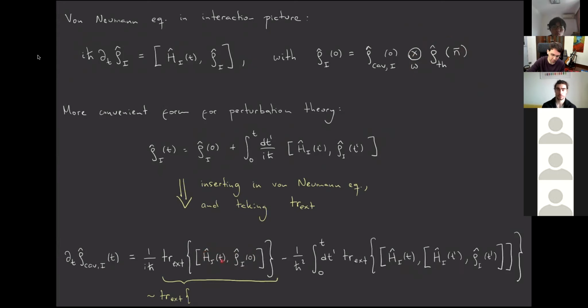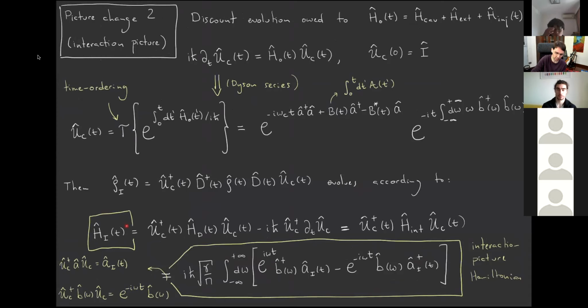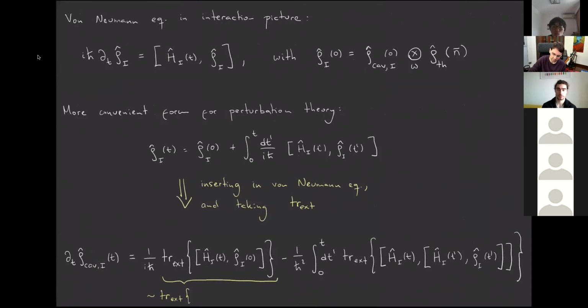And the interaction Hamiltonian is linear. So I show you again. The interaction Hamiltonian is linear in the B operators, okay? So then at the end of the day, this whole term in here can be written as something proportional to expectation values of the B operators in the thermal state.